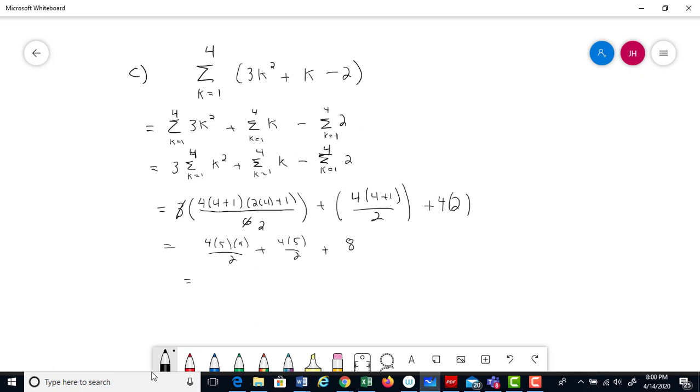So 45 times 2 is 90 over 2, plus 20 over 2, plus 16 over 2. It's going to be 110, 126 over 2, which is going to be equal to 63.